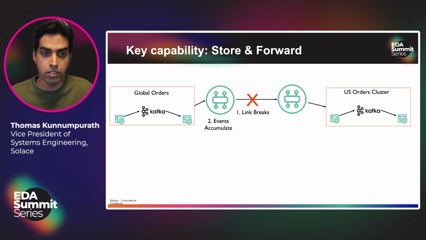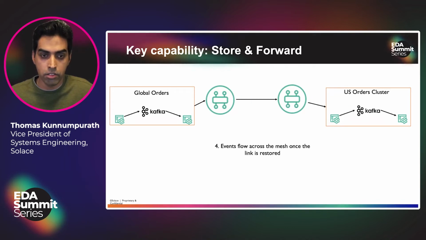The events will accumulate, in this case on the near side, which is your global orders Kafka cluster's Kafka mesh. And then once the link is restored, all accumulated events will flow across the mesh instantaneously. So it provides those real-time guarantees around message delivery, even in the case of a network outage.